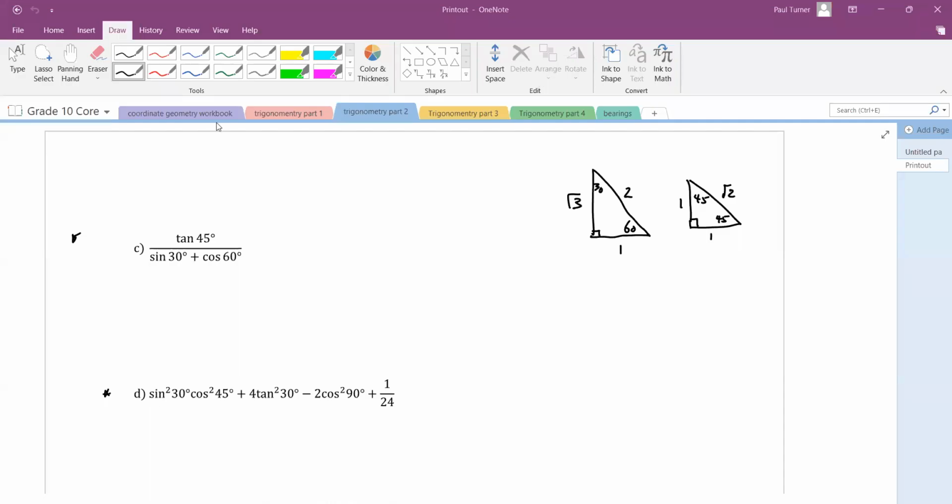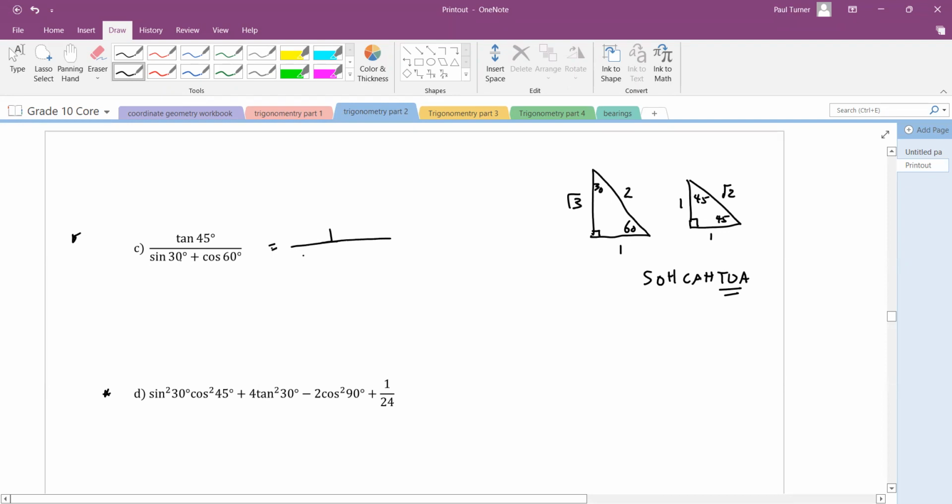So for question C, we have tan 45. Tan is TOA. So we should write our rule, CAH TOA. So TOA, tan, T-O-A, 1 on 1 is 1, so easy for the top line. We've got 1.